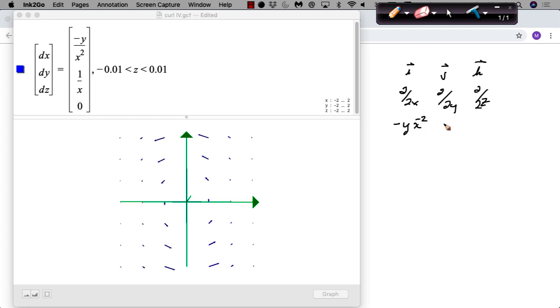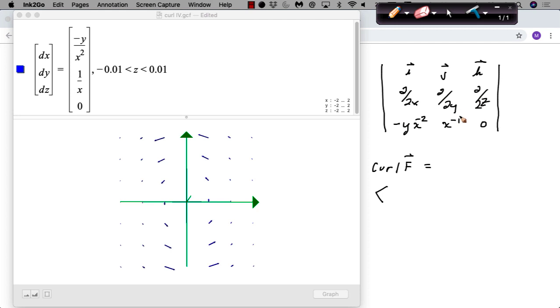When we take the determinant of that, that's going to give us the curl. So the curl of this vector field, the rotational rate of change: the i component is the partial of 0 with respect to y minus the partial of this with respect to z.